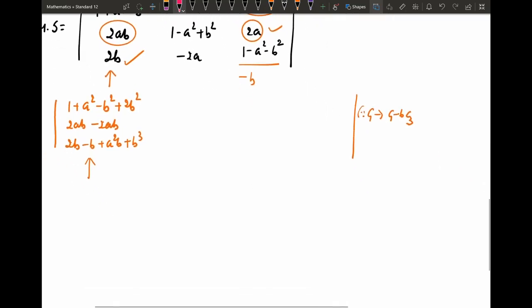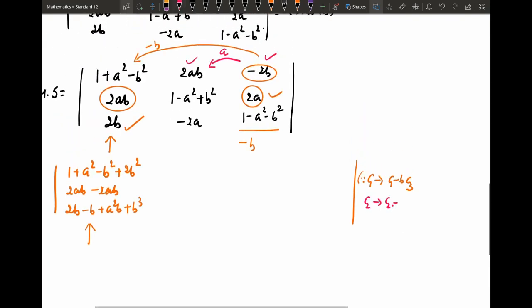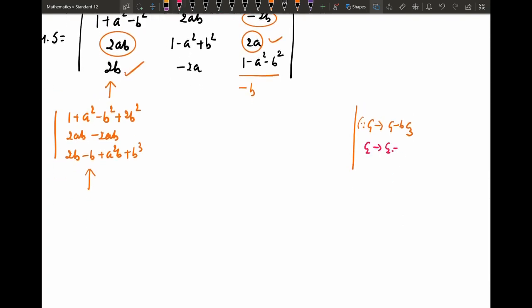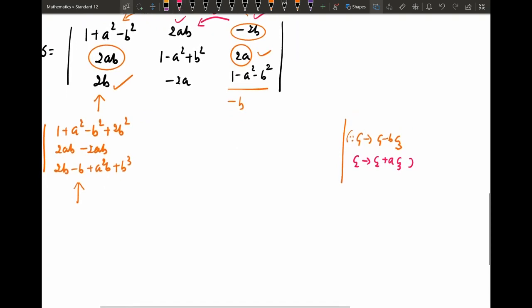So now we perform c2 to c2 plus a c3. So third column multiplied by a, add here.